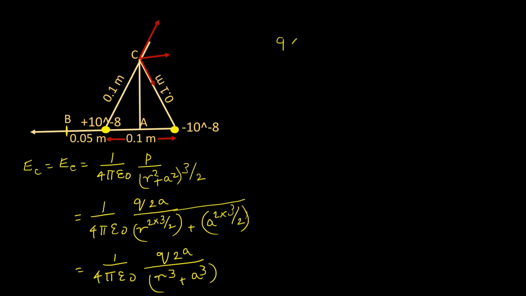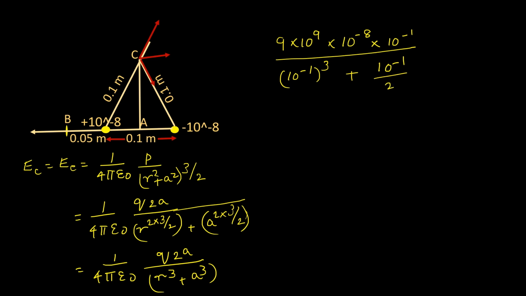Substituting the values, we have 9 into 10 raised to 9 into 10 raised to minus 8 into 10 raised to minus 1. That is 2A. The whole divided by R raised to 3 is 10 raised to minus 1 raised to 3 plus A is equal to 10 raised to minus 1 by 2. That is half of 2A. The whole raised to 3.